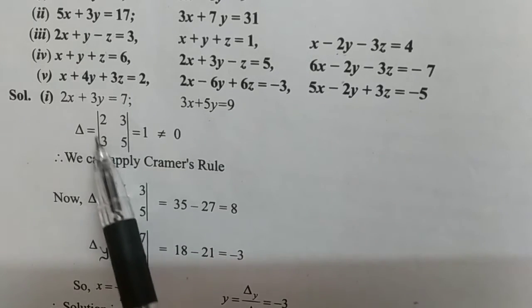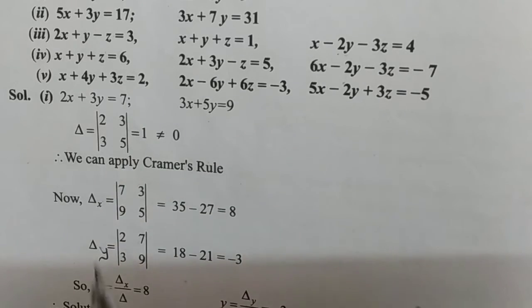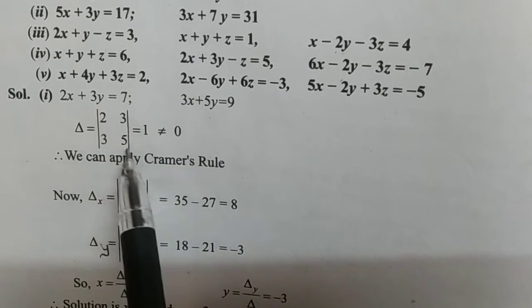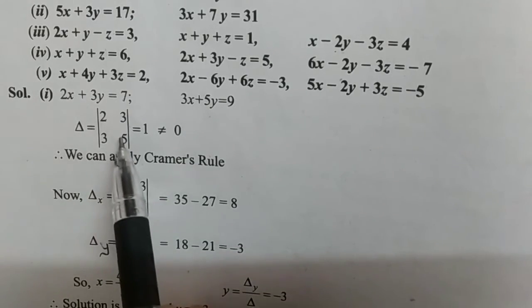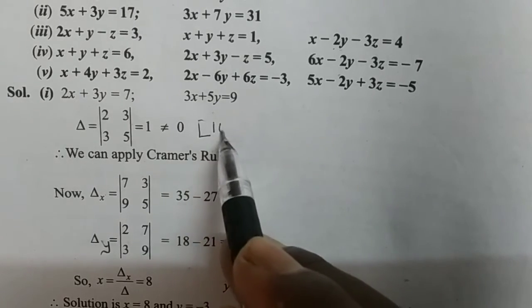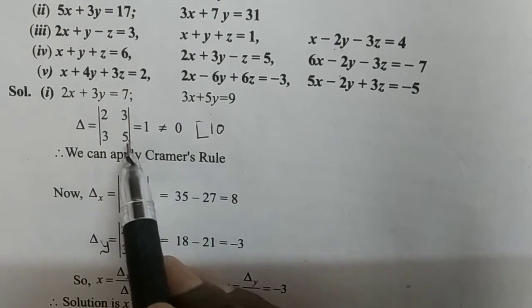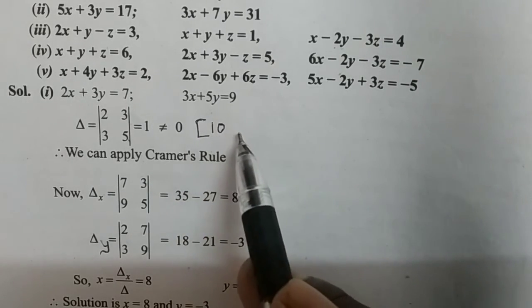Now to find the value of delta. How to find delta? First, multiply the main diagonal elements: 2 fives are 10.